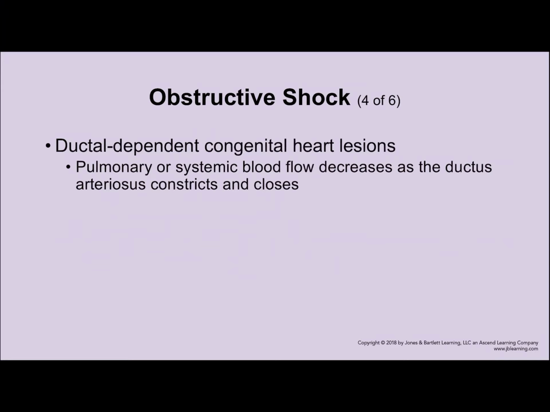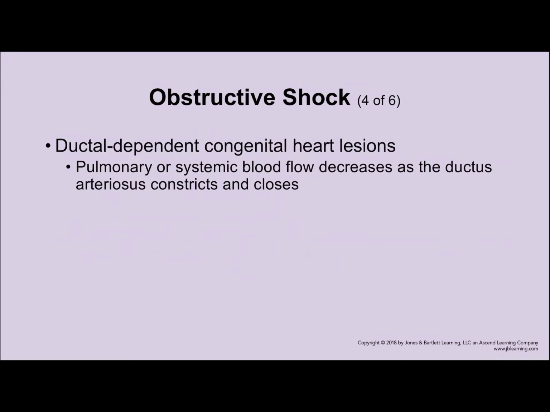Another type of obstructive shock we'll look at is ductal-dependent congenital heart disease. Some children are born with cardiac output or blood flow that is dependent upon a normal neonatal structure known as the patent ductus arteriosus. This ductus arteriosus is usually open in utero, but closes after a couple days of life.